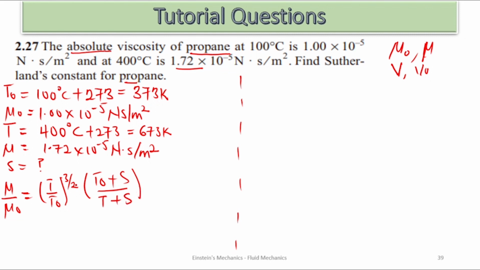So straight away, this is our equation, and we are looking for this S. We have all the parameters, we can put them in and solve for S straight away.